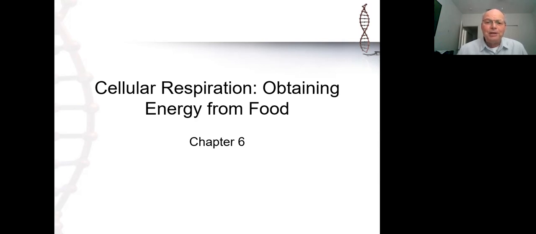And they tell us something about the energetics of these reactions as well, and how those energetics reflect what we've already learned about the laws of thermodynamics from our previous chapters, and how those relate to the chemical reactions of cell respiration, and when we get into the next chapter, photosynthesis.